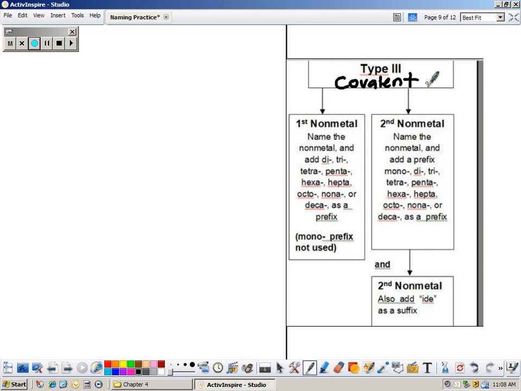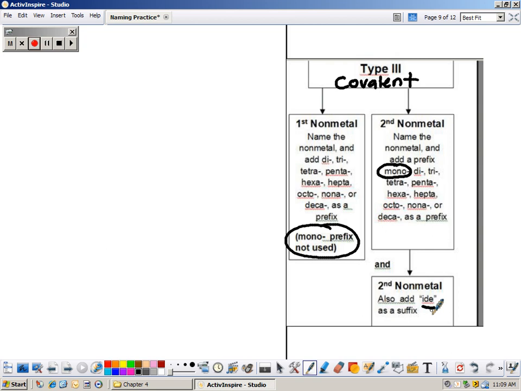Okay, so keep in mind, for the first nonmetal, mono prefix is not used. For the second nonmetal, the mono prefix is used. Okay, and then for the second nonmetal, you do the same as the type 1s and the type 2s. You add the name of the nonmetal, and then you change the ending. You put the IDE ending.